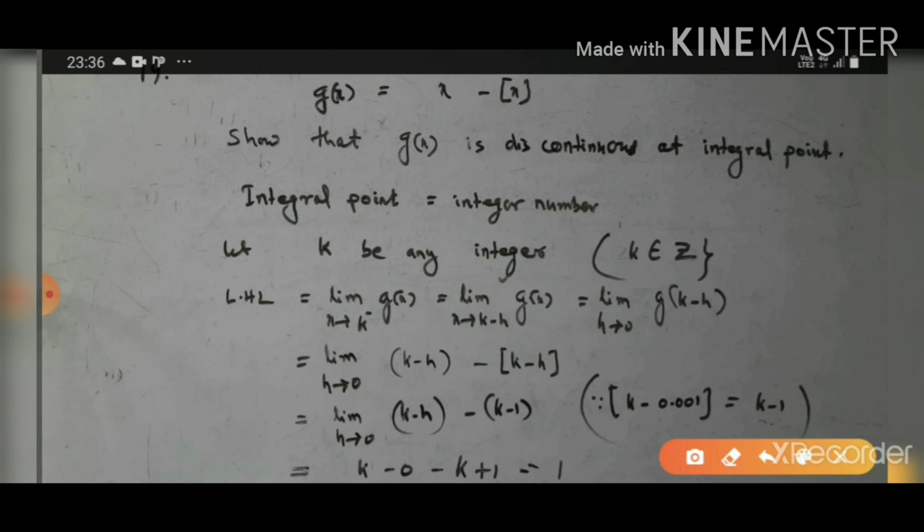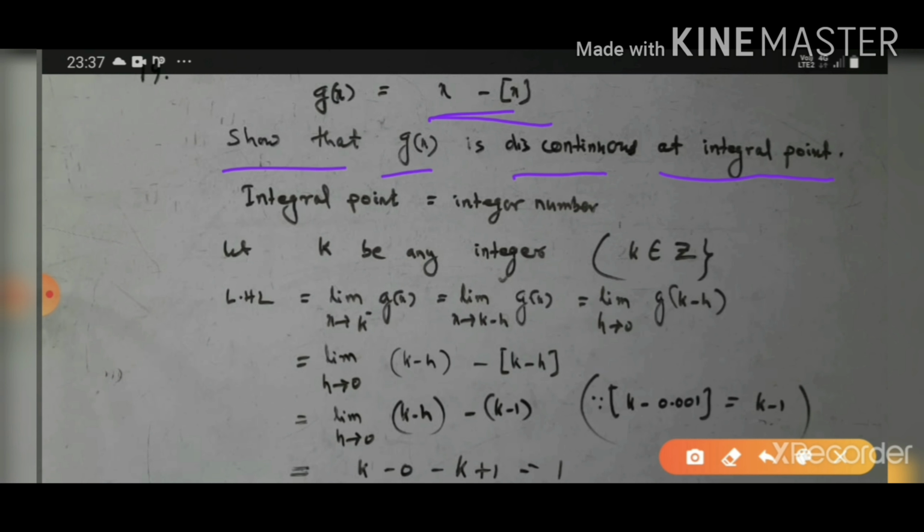In question 19, g(x) equals x minus [x], the greatest integer of x. We have to show that this g(x) is discontinuous at integral points.